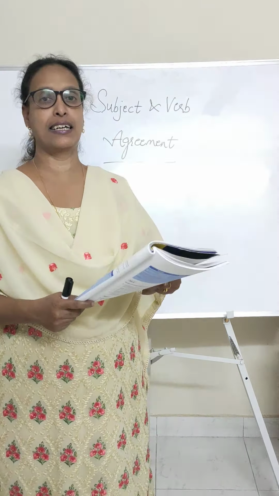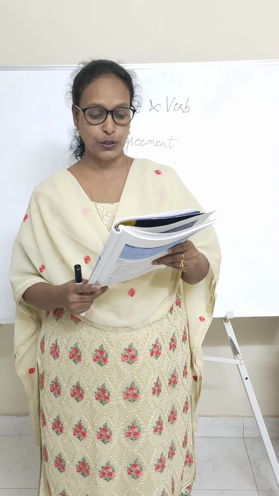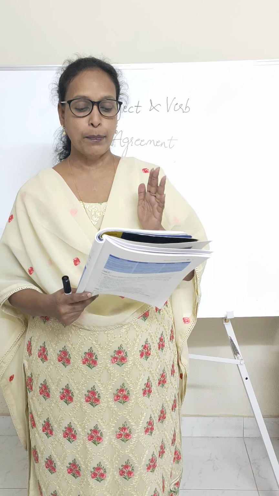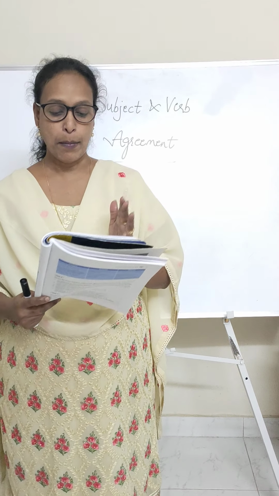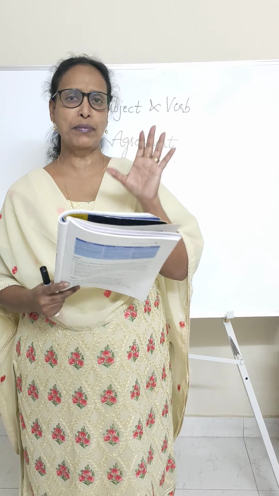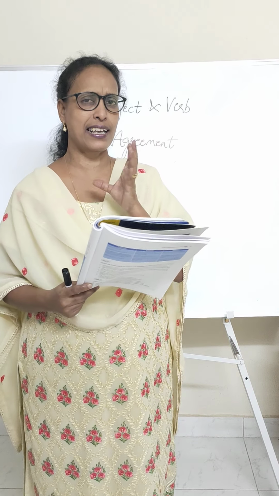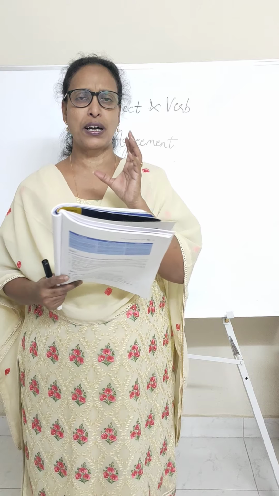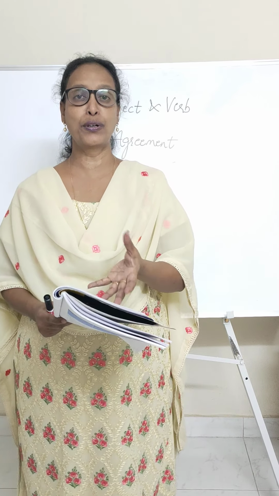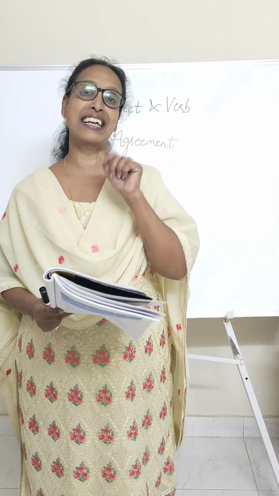Okay, the next example or scenario which is given here is: some nouns appear to be plural but are used in the singular sense. When you look at the noun, it looks like it is plural. Now, the easiest way of identifying a singular and a plural is with an S which is added at the end.